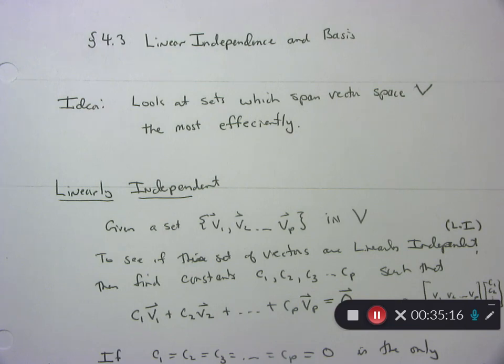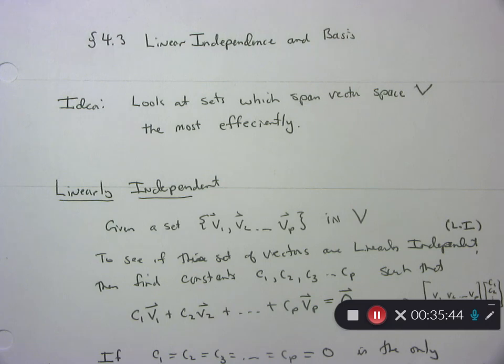We are looking at linear independence and the idea of a basis. We've talked about bases before, but we're going to hit them very hard on the purpose of why we want a basis. The idea is to look at these sets which span a particular vector space and to make it most efficient. We're looking for efficiency, and by efficient, you'll understand the concept in just a second.